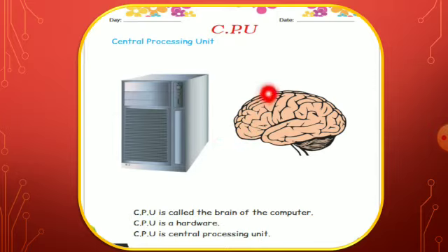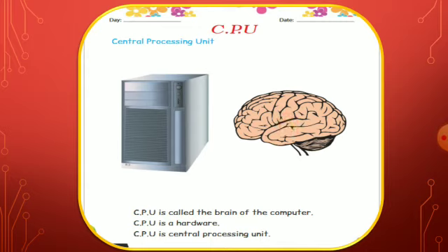It is like the brain of the computer. It is doing all the work for us. All the work that we see on the screen is being done by the CPU. And that is why CPU is called the brain of the computer.